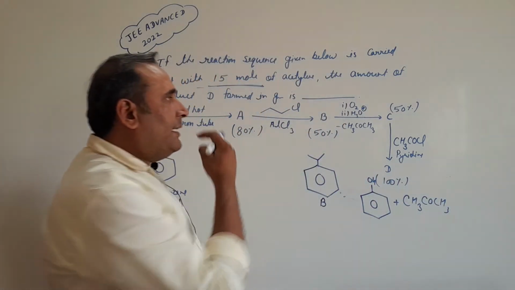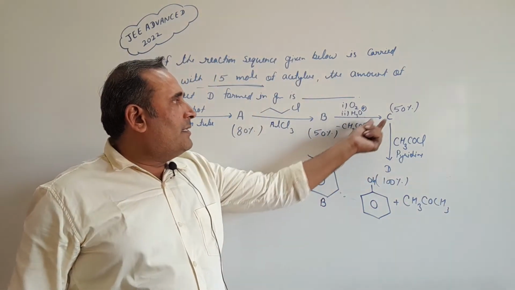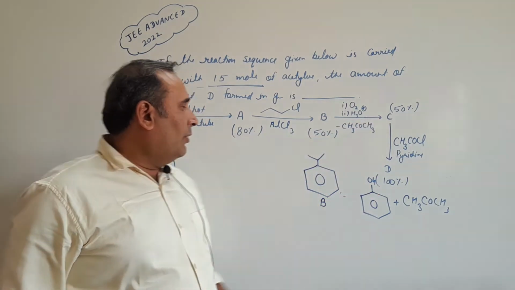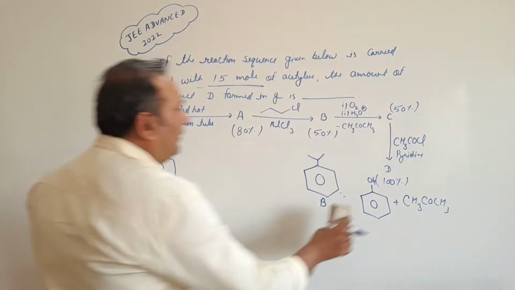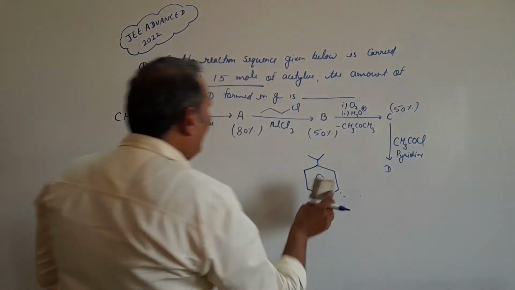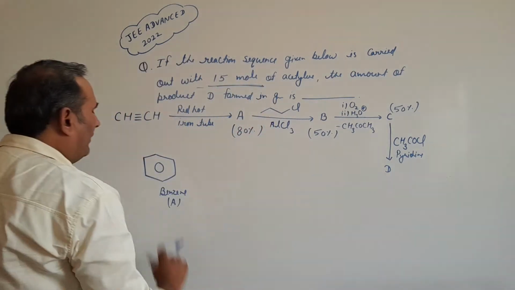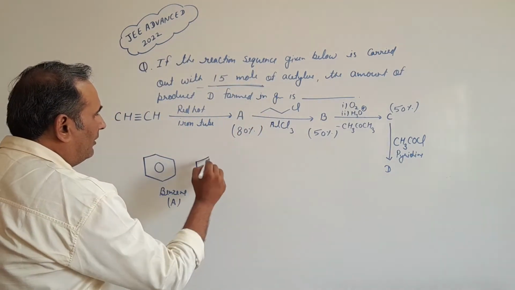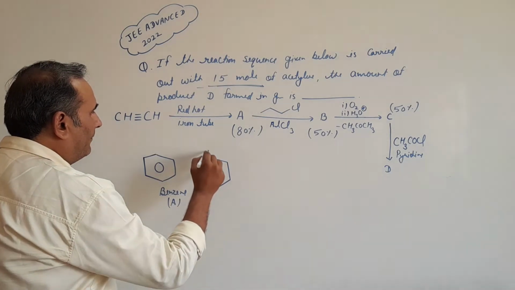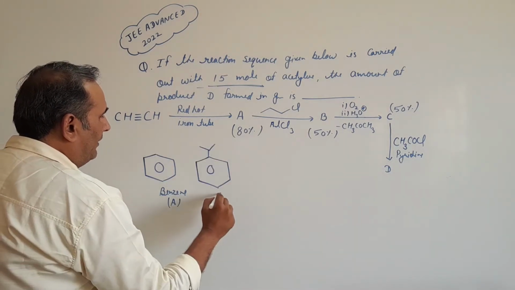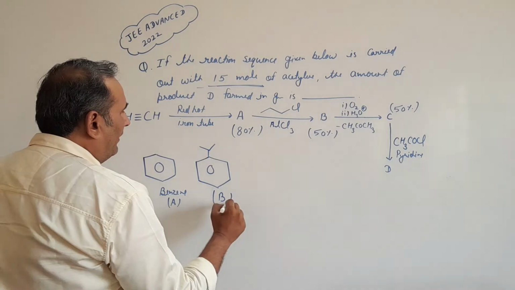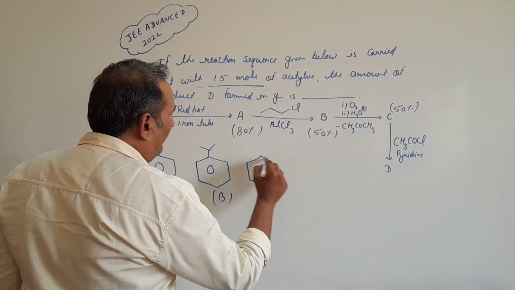We are releasing CH3COCH3. It means our product C is phenol. So A is benzene, B is cumene, and C is phenol.